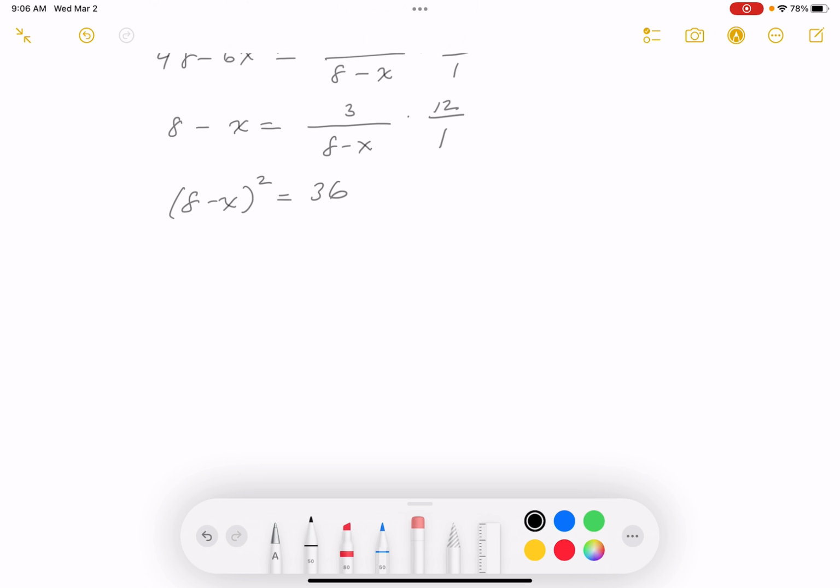Whoops. 8 minus x equals plus or minus the square root of 36, which is 6. So that would be 8 plus or minus 6 is equal to x. X would equal, let's see, 8 plus 6, 14, or the x would be, let's see, 2.